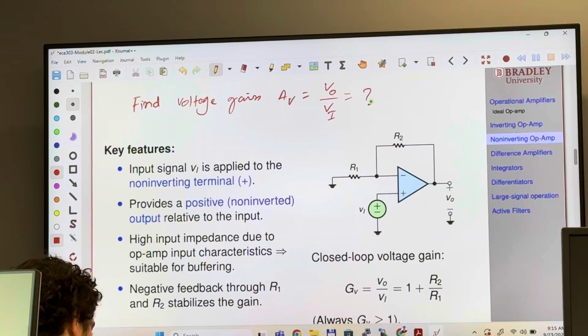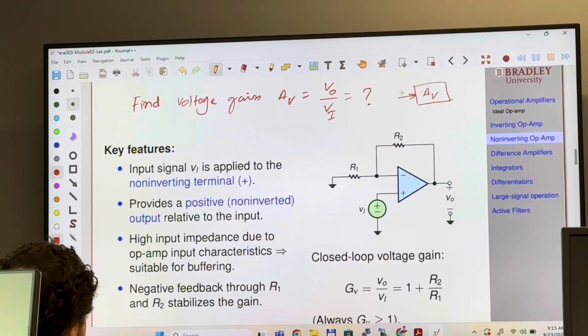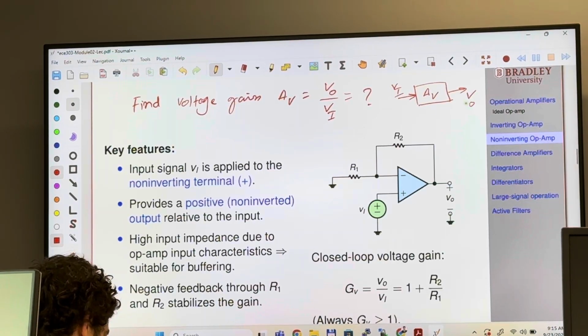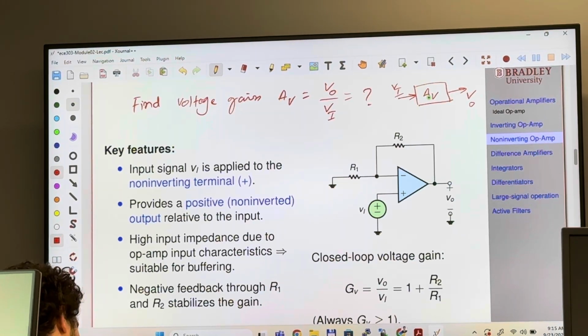That's the main question. So what is the voltage gain? What is the gain of this operational amplifier? So that we can just replace this with a black box. This is going to be gain AV, the input is going to be Vi, and the output is going to be VO. So inside this black box, you will see this operational amplifier with a certain gain.